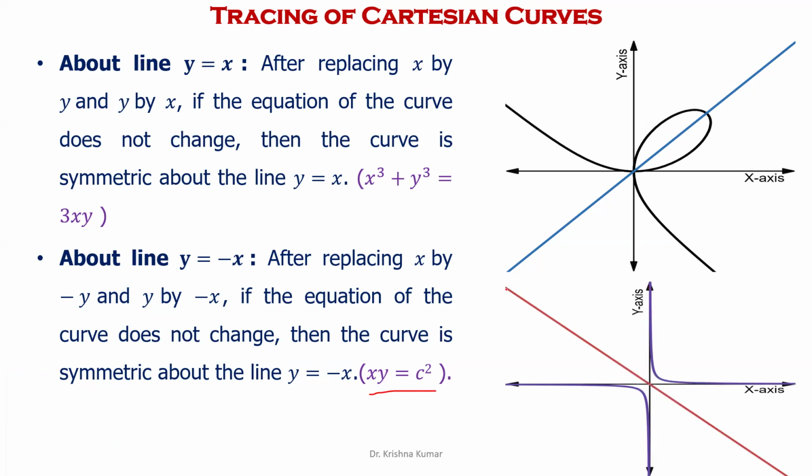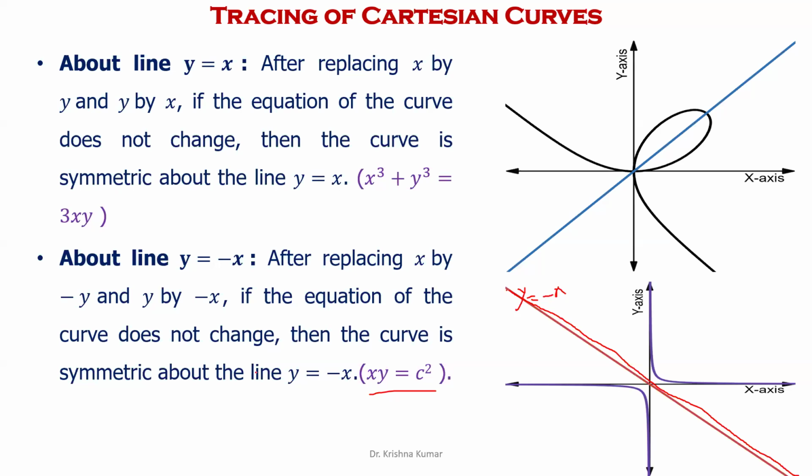Just look here, this is the line y equal to minus x. So this rectangular hyperbola is symmetric about this line y equal to minus x. So this is about the symmetry.